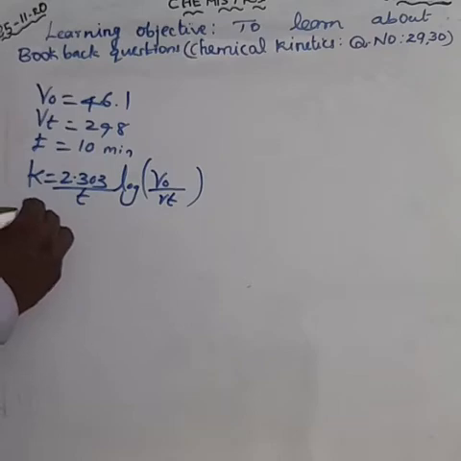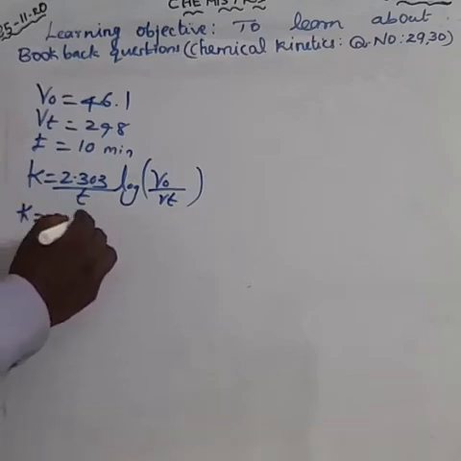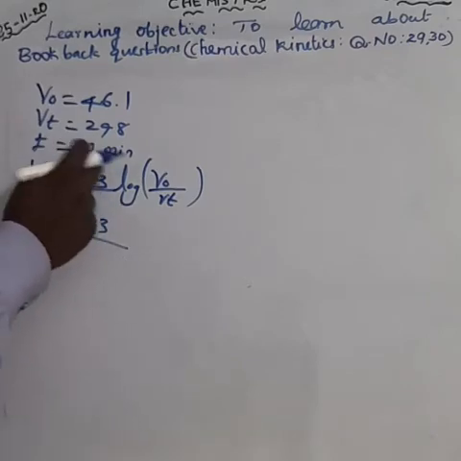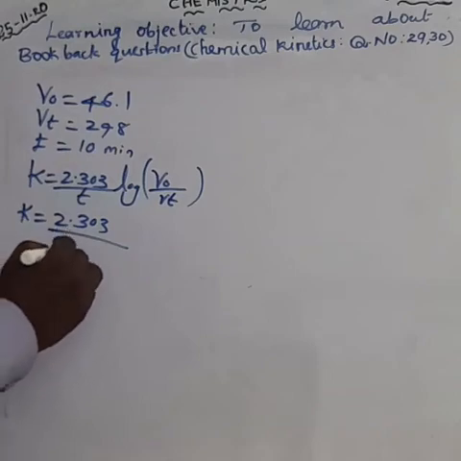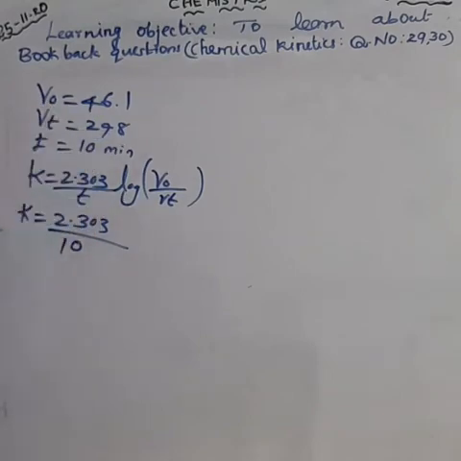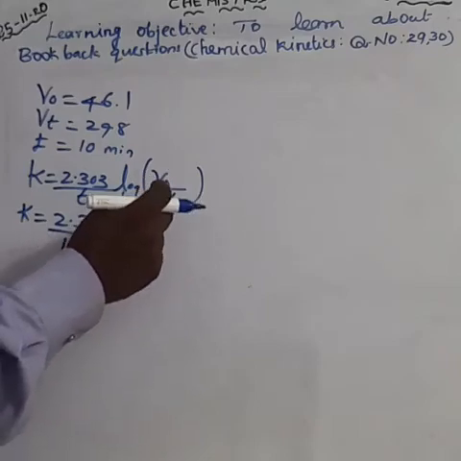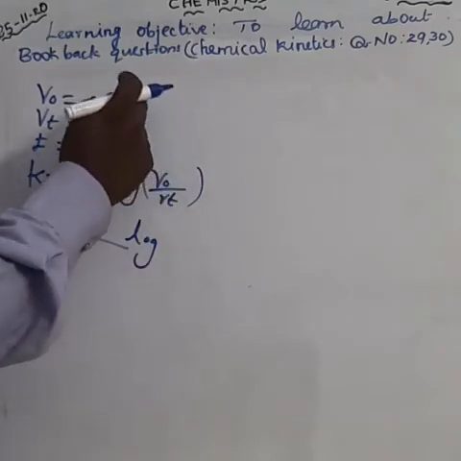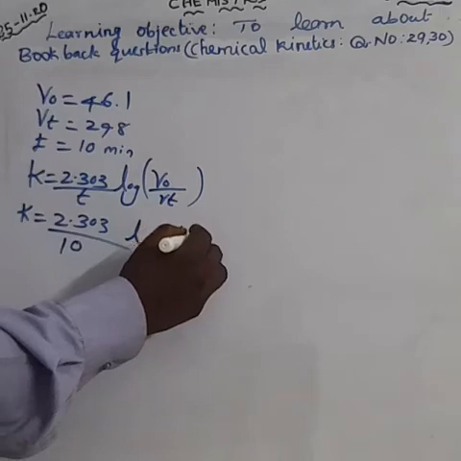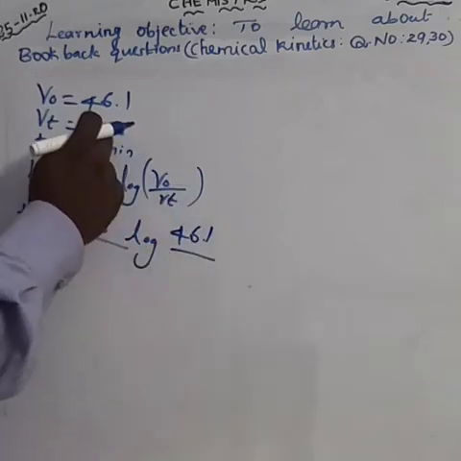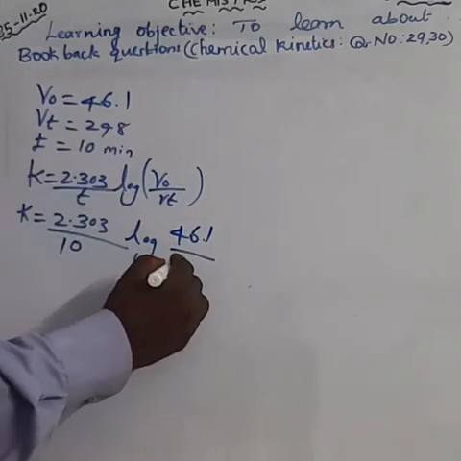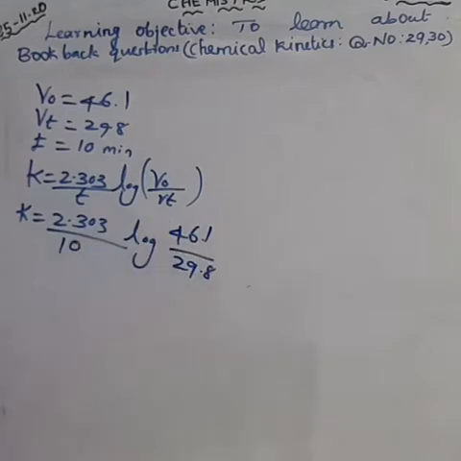K is equal to 2.303 by t, where the value is 10 minutes, so you can put 10, and log of V naught, 46.1, divided by Vt, 29.8.